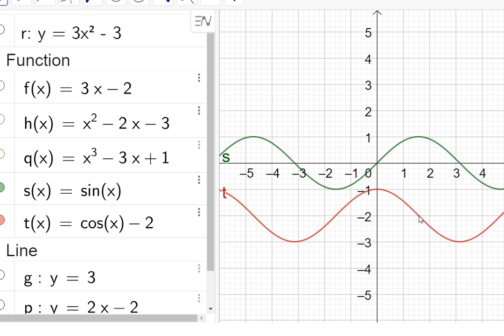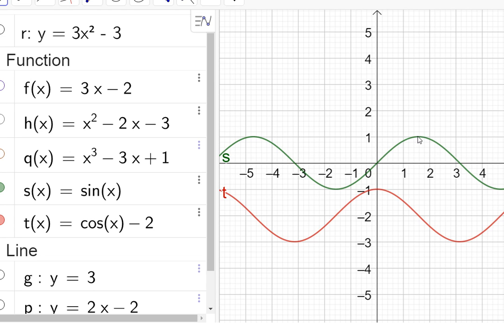If we look at where our original function sine x would have its derivative equal to 0, dy dx would be equal to 0 at the top of our hill, at the maximum point here. And that is where we have the root of our cosine function.